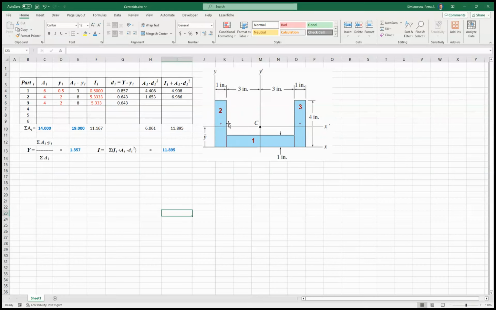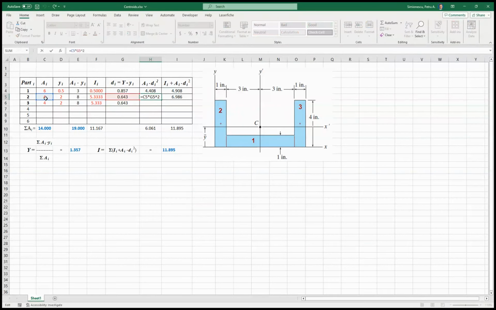And then the distance from the x-axis through the centroid of body 2 is going to be 1/2 of 4 inches, 2 inches, minus 1.357. So I've got these distances. And now I take the area and multiply by the distance squared.